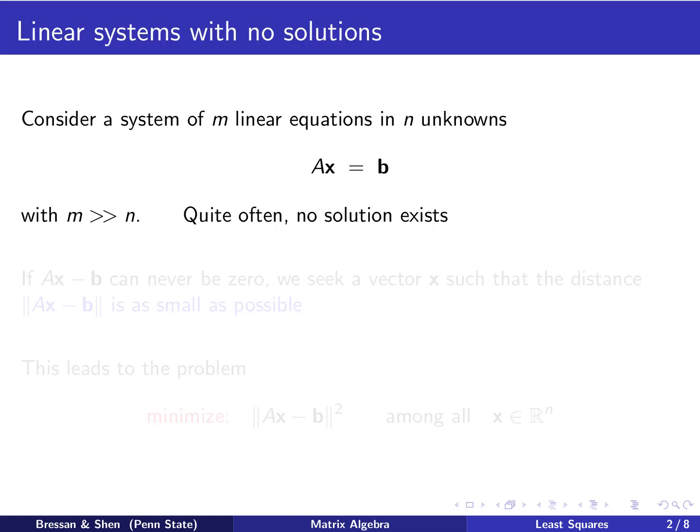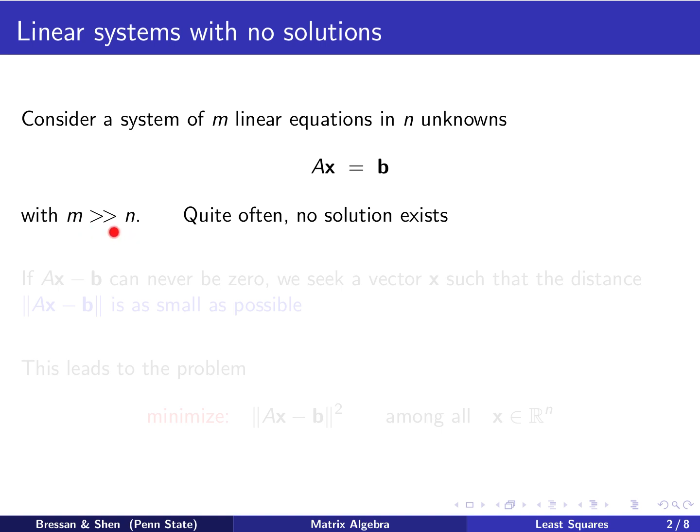Let's motivate the algorithm and consider some linear systems with no solutions for a specific reason. So we consider a system of m linear equations with n unknowns. You can write it as Ax equal b. Here we are in the situation that m is much bigger than n.